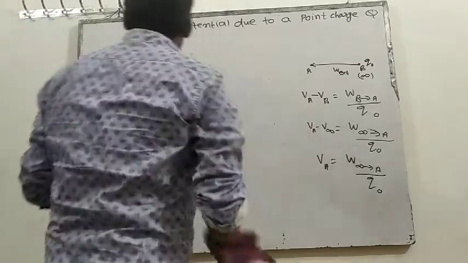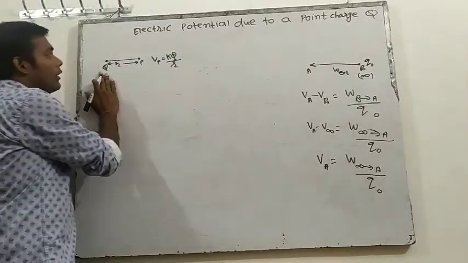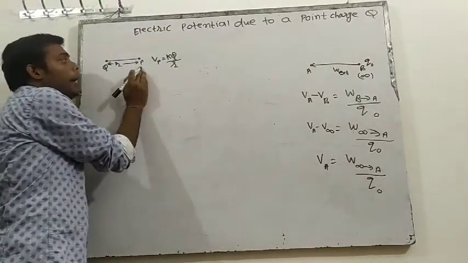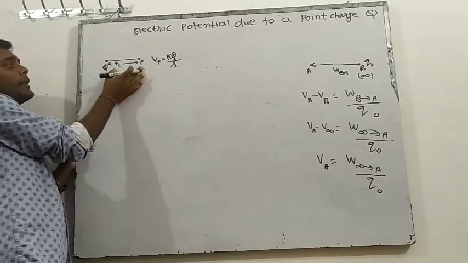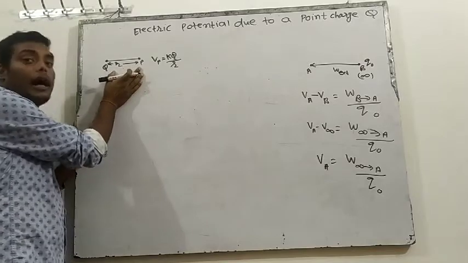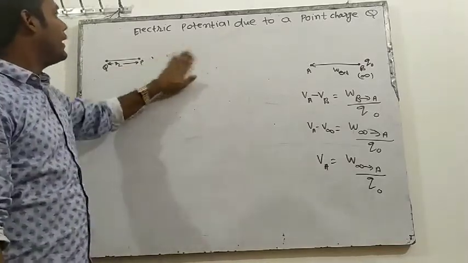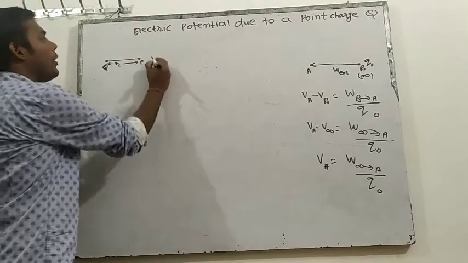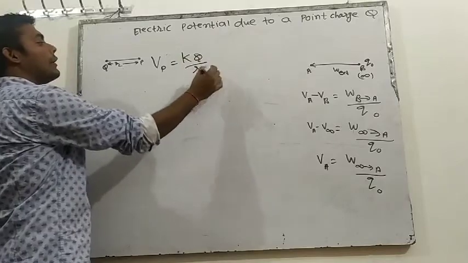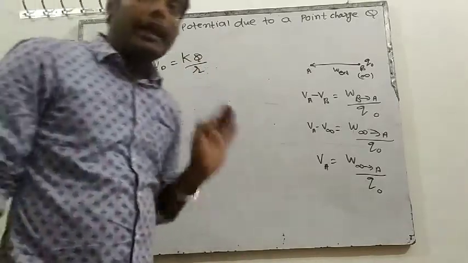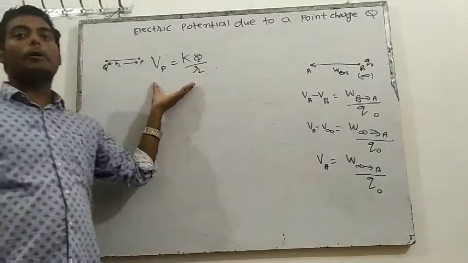Like that, today I will derive that if there is a charge capital Q and we want to find potential at point P, which is kept at a distance R from the source charge, then the potential at point P will be equal to KQ by R. This formula I will derive.